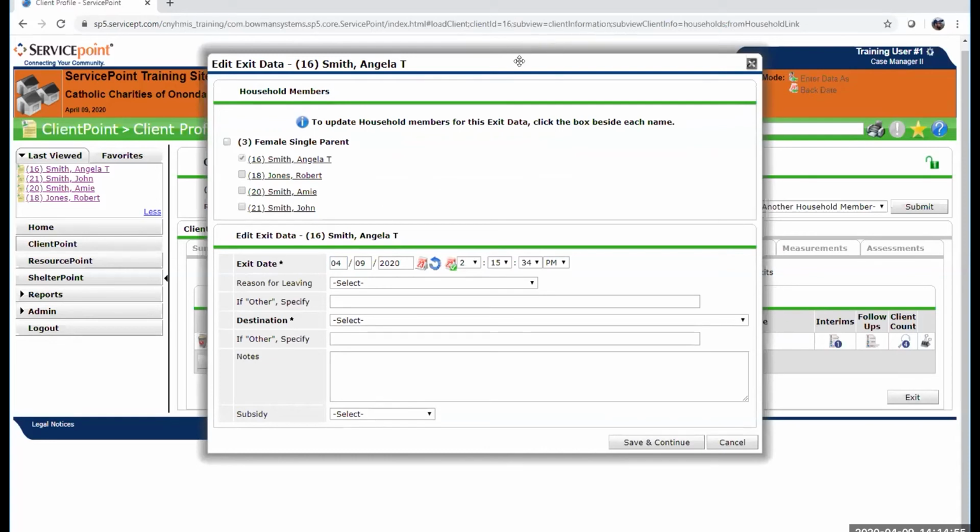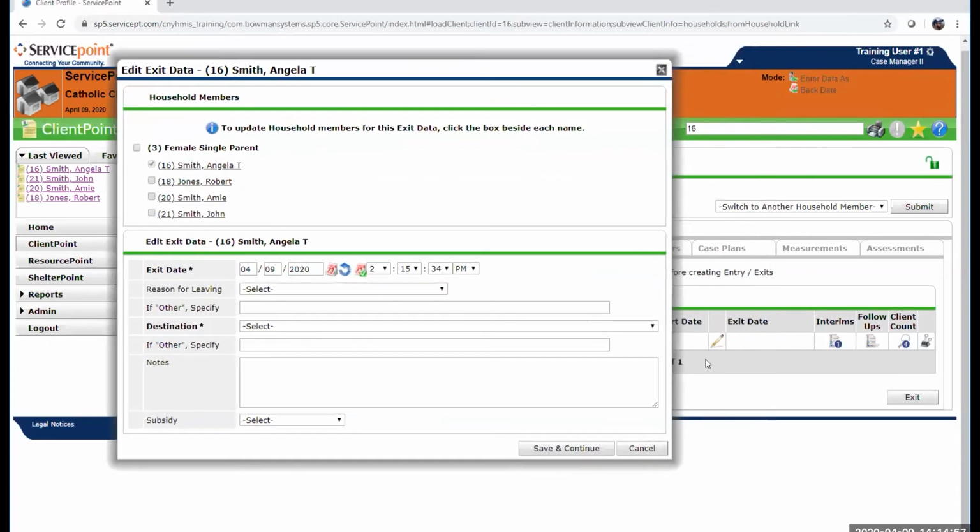So we're going to select that pencil to the left of the exit date column. Then this pop-up for exit date is going to come up. We're going to select all members of the household who left. It's possible to select just one household member.